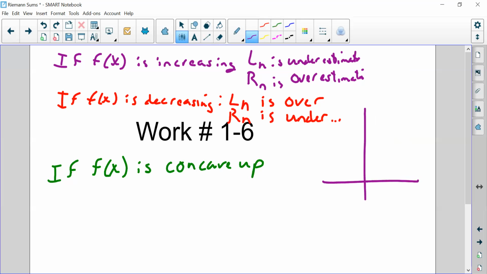So concave up means we have a smiley face. So let's say I have something that's going like this. That's concave up. Or we could have concave up like this. Either one of the sides of the smiley face, right? Okay. So if I wanted to figure out, let's try our trapezoid method.